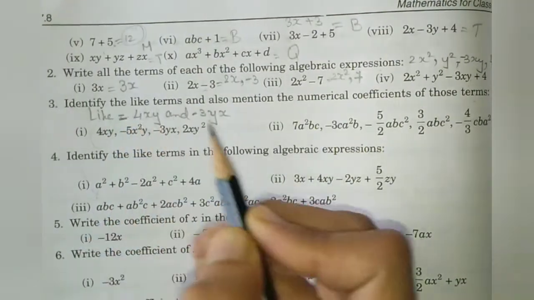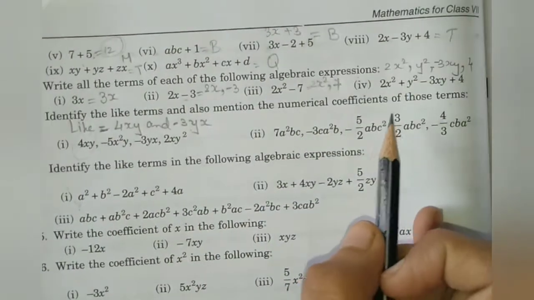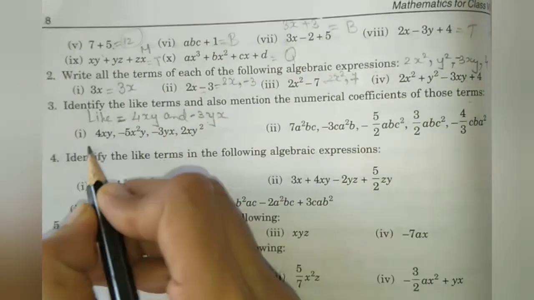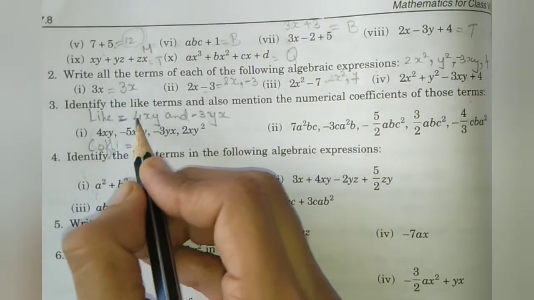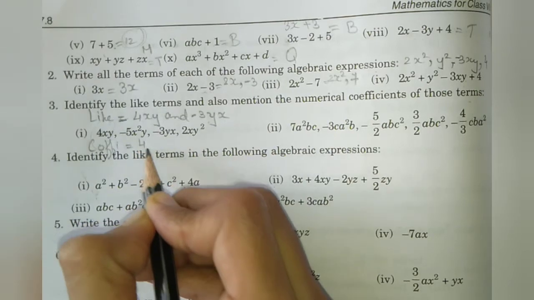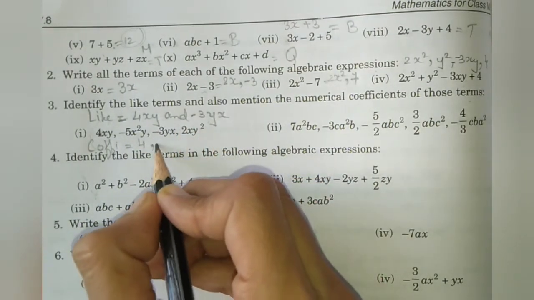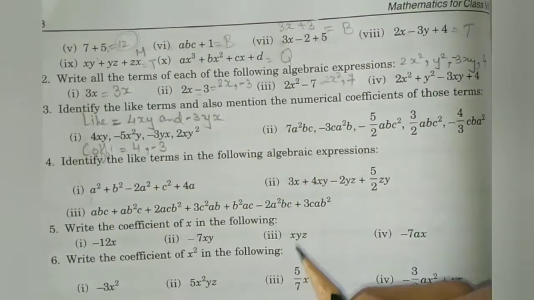Now here what do we have to write? Mention also the numerical coefficient of those terms. So just write the coefficient. The coefficient of 4xy is 4, and for minus 3yx it is minus 3. So these are the coefficients.